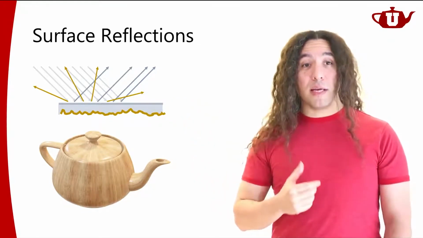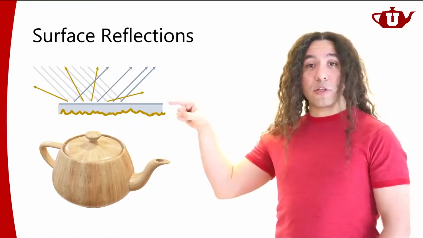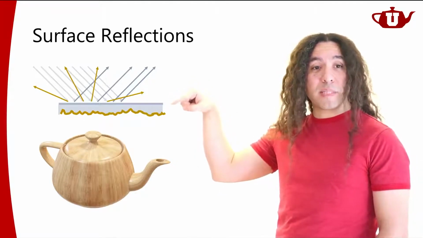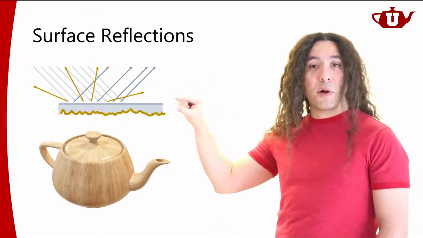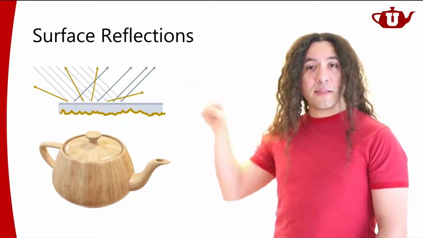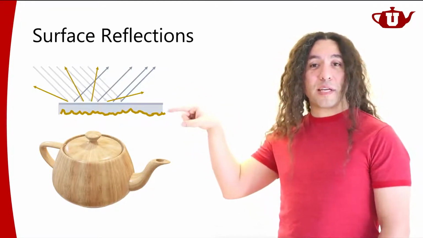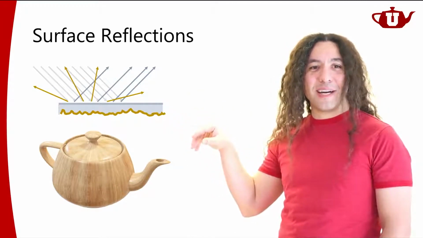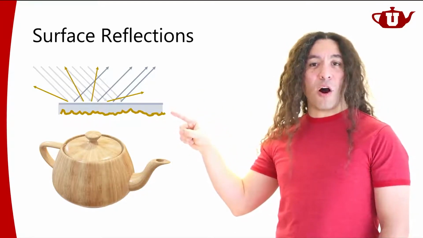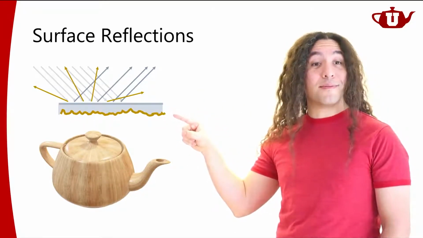And a portion of the light is going to actually penetrate into this semi-transparent protective coat. The part that goes into this protective coat is going to refract into it, right? And then it's going to bounce off of the surface of the actual wood.